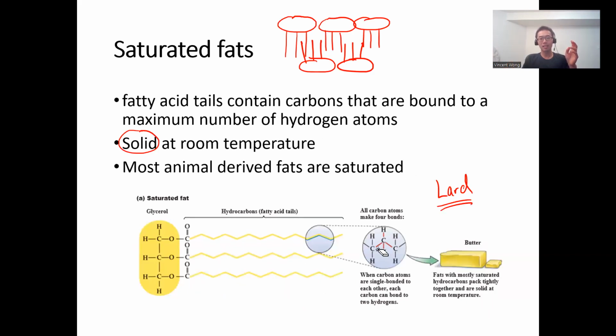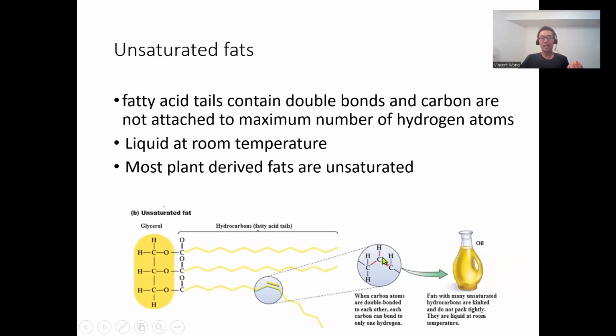The saturated is just a single line connecting the C. The line represents shared electrons. A double bond has two lines, so they have extra electrons being shared. And when that happens, it means there is still room for hydrogen. They are not attached to the maximum number of hydrogen.